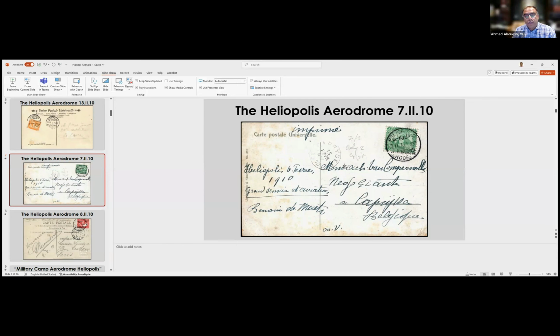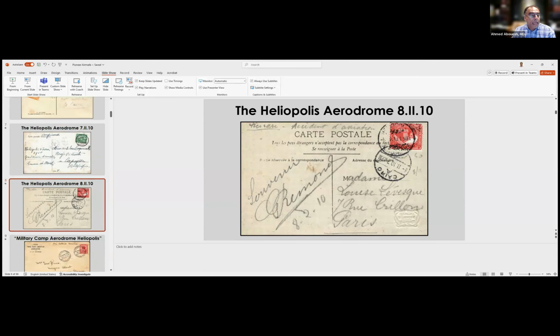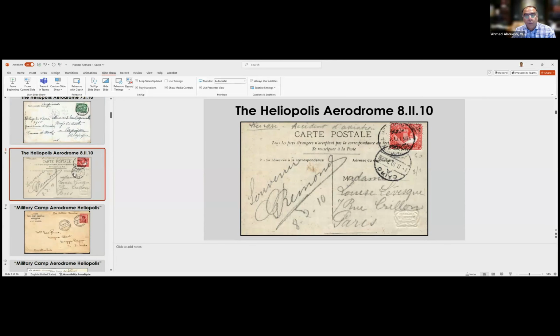And this was an event that was the first in Africa, sponsored by an Egyptian Philatelic Association, and started in coordination with a French aeronautical society. I managed to find the 8th of February as well, and that's where I've gone with that.